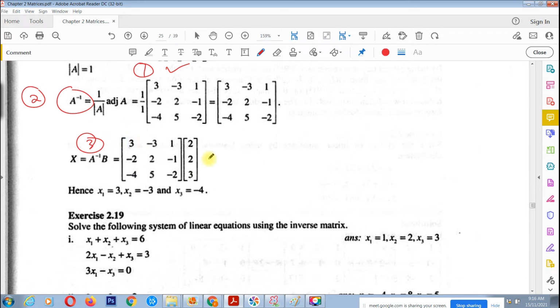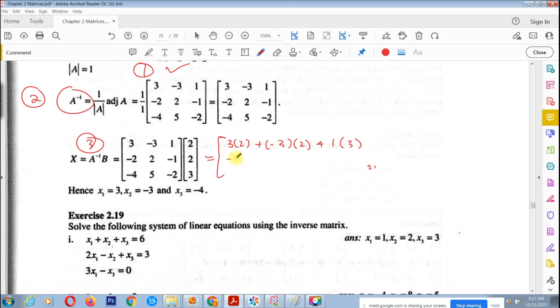We will have this. Okay, this is equal to 3 times 2 plus negative 3 times 2 plus 1 times 3. Negative 2, this row, second row, first column, right?